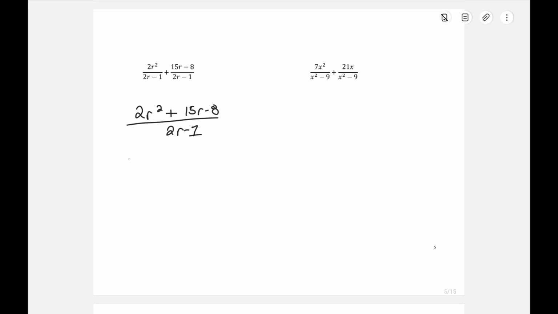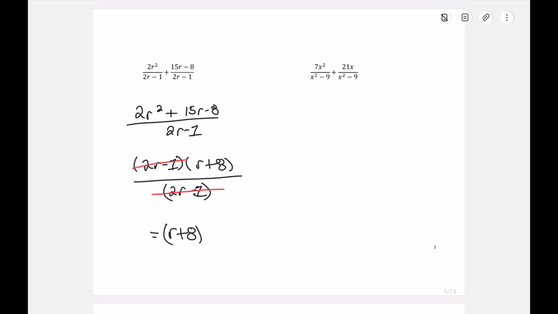If we factor the top, we get a 2r minus 1 and an r plus 8. We keep our 2r minus 1, and we can see that we can cancel, and our answer would be r plus 8.